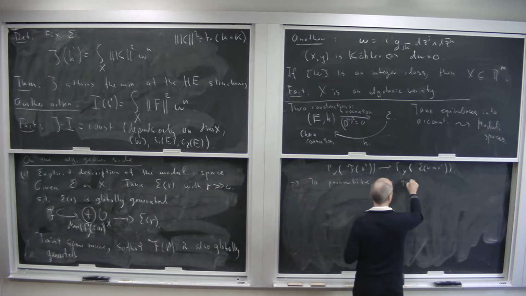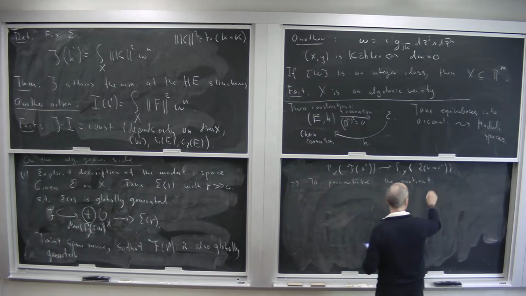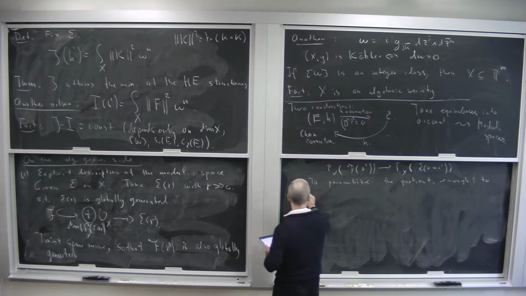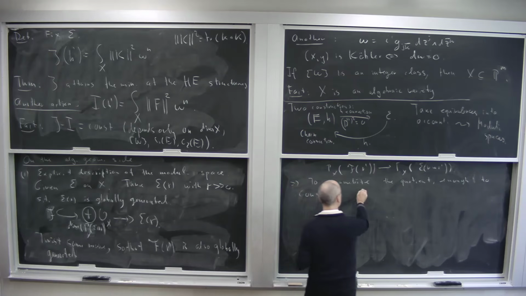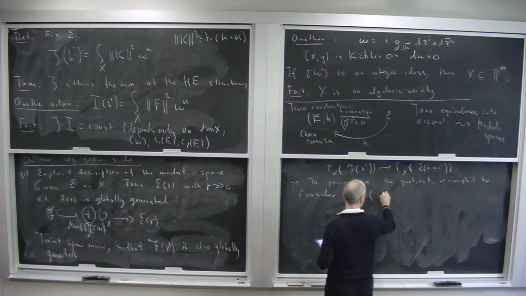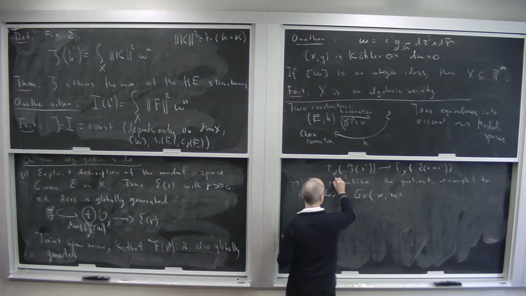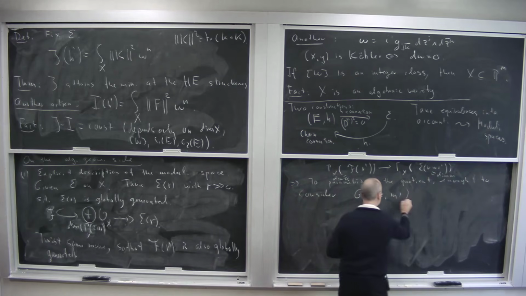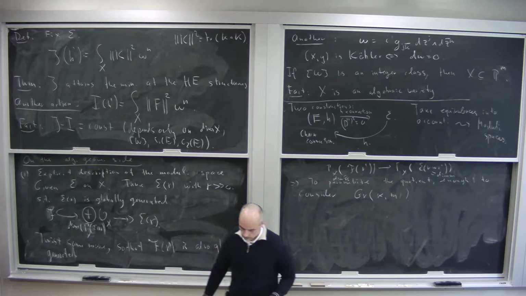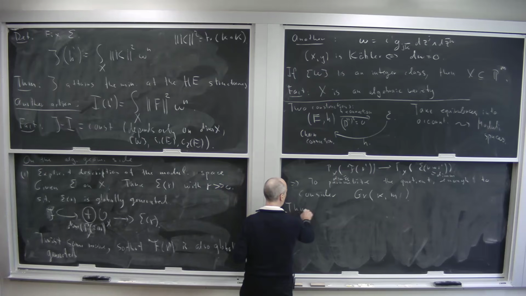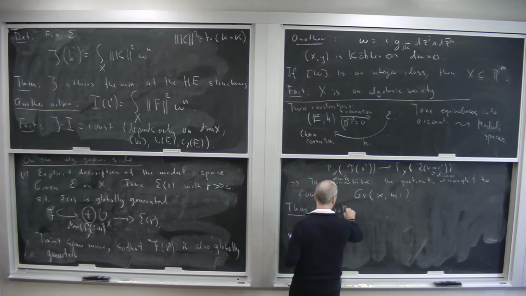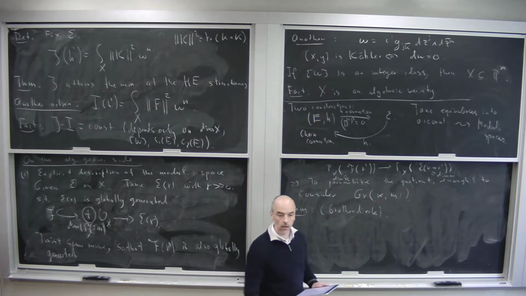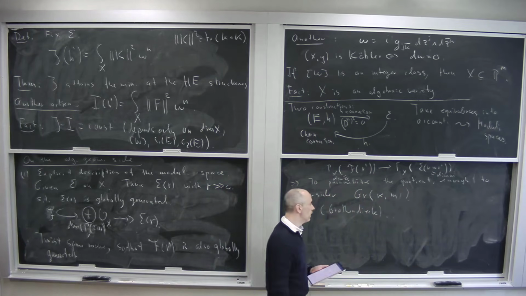it is enough to consider the Grassmannian, let's call it Gr(K,M), where this is dimension K, and this one is dimension M. And so there's this result from the 50s by Grothendieck that this gives us an embedding of the Quot scheme into the Grassmannian.